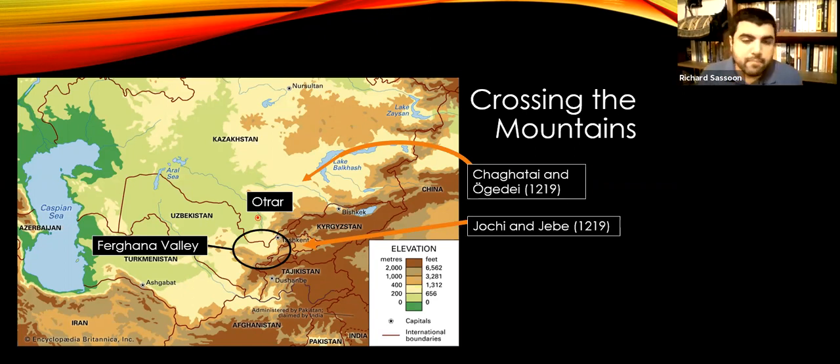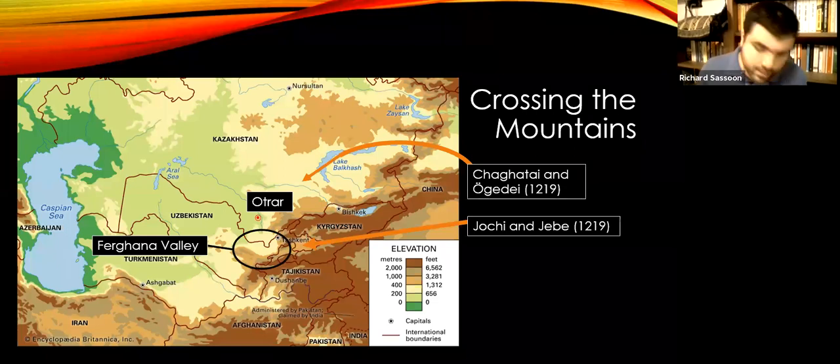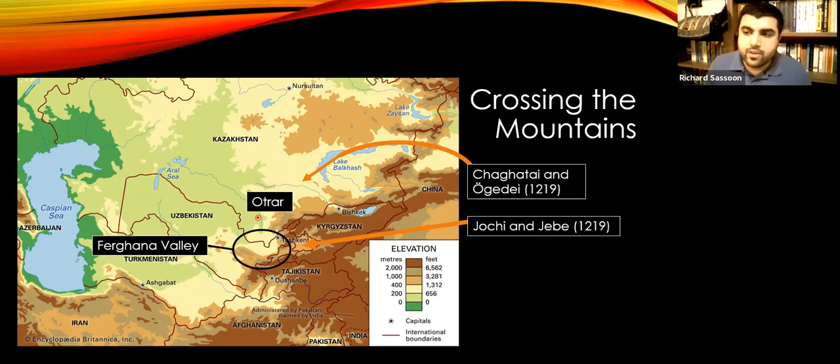You can see by this how effective the Mongols were at disorienting the Khwarezm Shah, because as soon as he's now protecting the Fergana Valley, Otrar is completely exposed, and the Khwarezm Shah can't muster the forces to effectively fight off the siege while trying to push Jochi and Jebe back into the mountains.